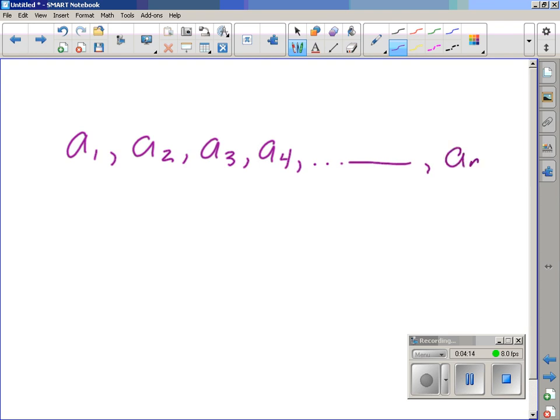If this term is the a sub nth term, then the term right in front of it is a sub n minus 1. Or I could refer to this as f of n, and the term right in front of it is f of n minus 1. Now, you have to use this idea when you do recursive rules, because when you write a recursive rule, the question is, what do you do to the term in front? What do you do to the term right before?